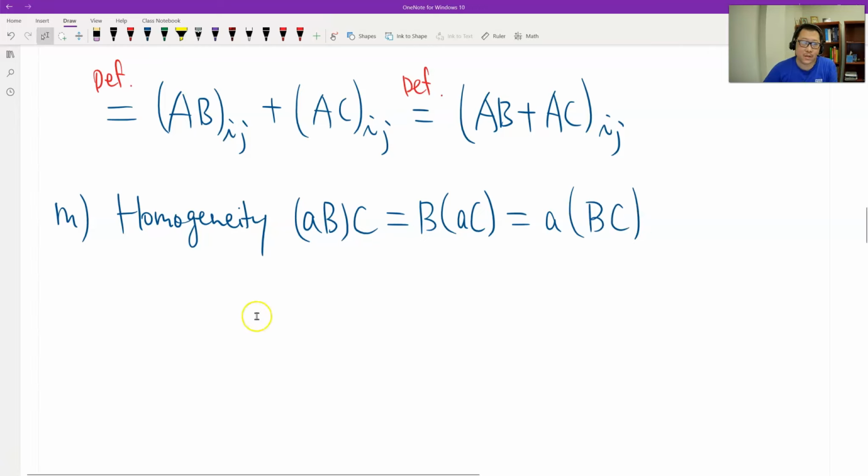That's homogeneity. Doubling either B or C is just doubling the matrix multiplication.